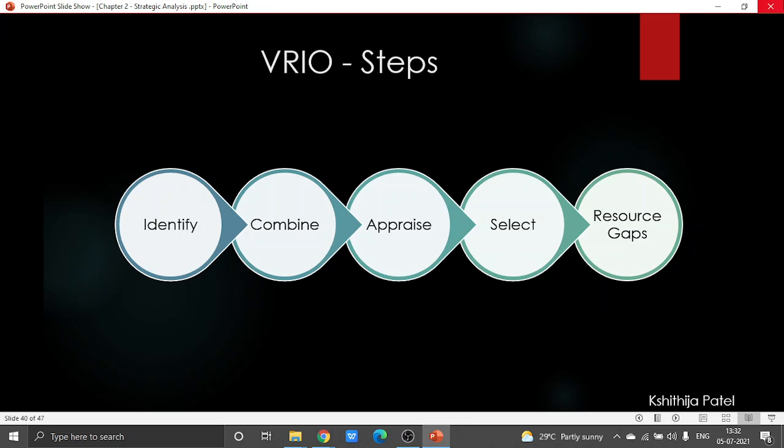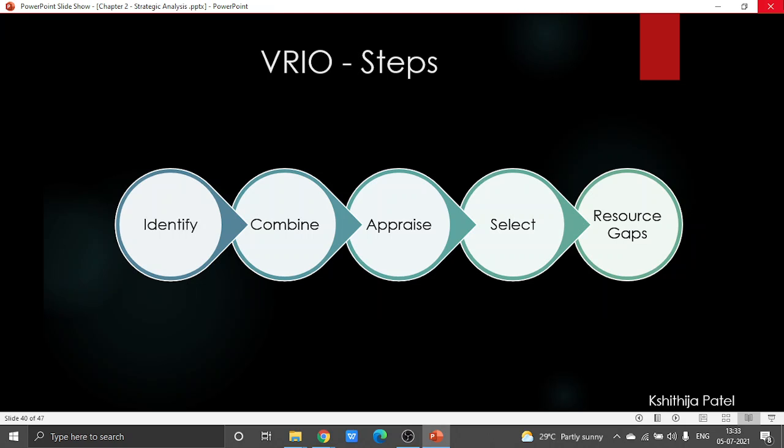When it is able to do that, the third step is appraisal. Appraisal may be of profit potential, of sustainable competitive advantage, or of the ability to convert it into a profitable proposition. All these things are appraisal.